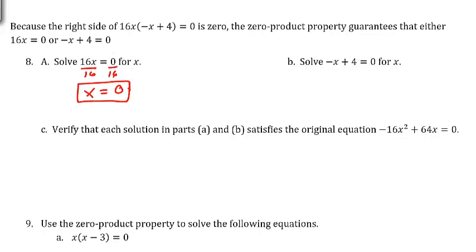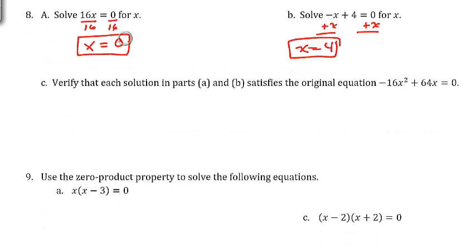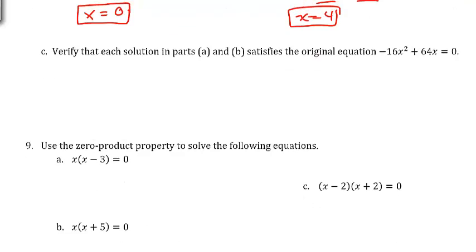Here we have negative x plus 4 equals 0. So since this is negative x, I want to add x to both sides. This is the easiest way to solve this one. And so that will give me x equals 4. And that was what we saw before, that our two x-intercepts were at x equals 0 and x equals 4.